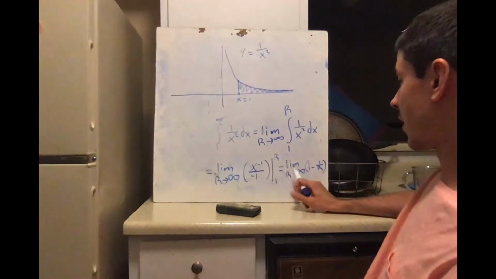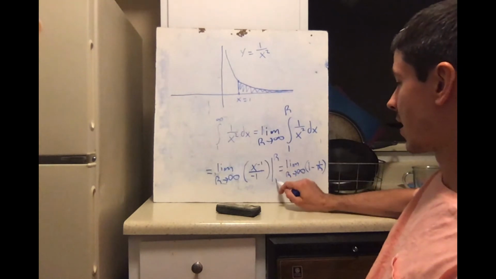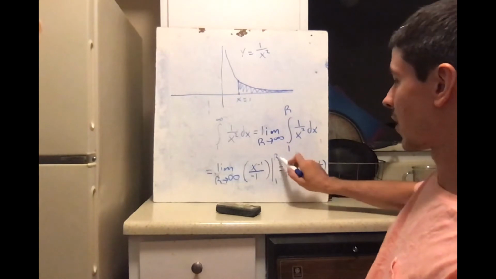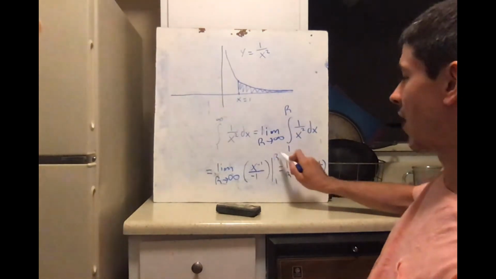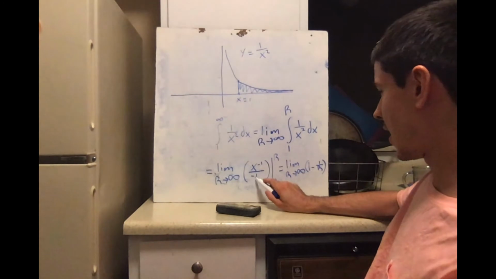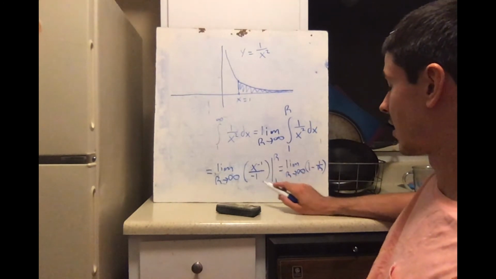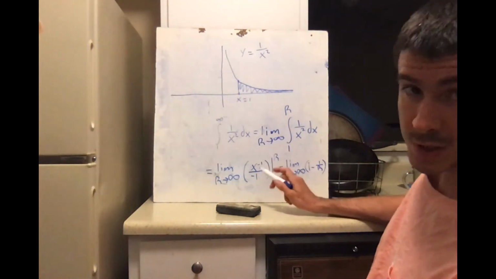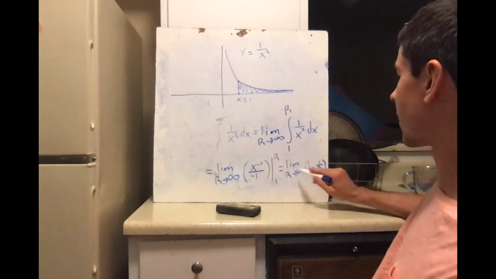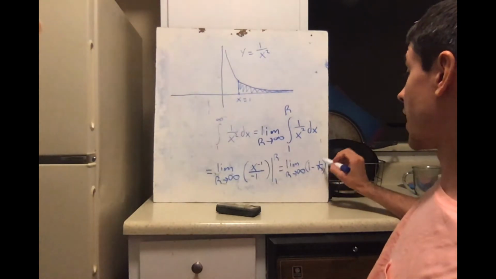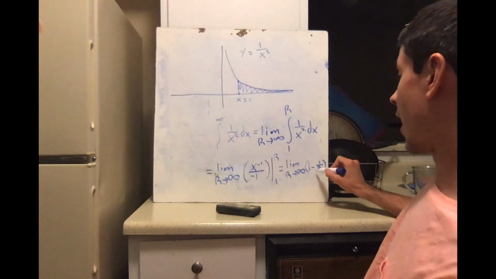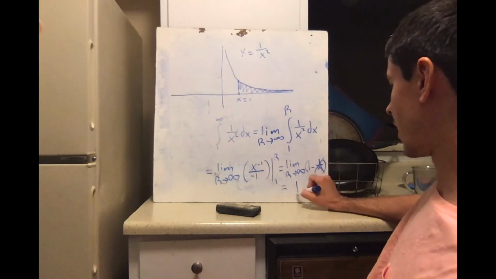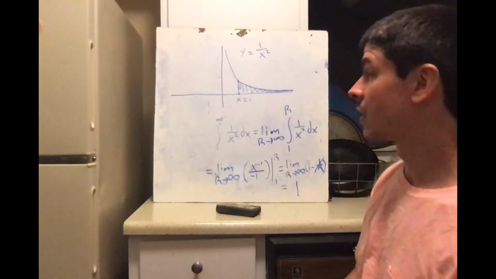I'm switching the signs because of this negative. So we really have negative r to the minus 1 minus negative 1 to the minus 1, which is just negative 1, but double negative, so we end up with the limit as r approaches infinity of 1 minus 1 over r. But 1 over r goes to 0 as r goes to infinity, so this equals 1. So this area is 1.